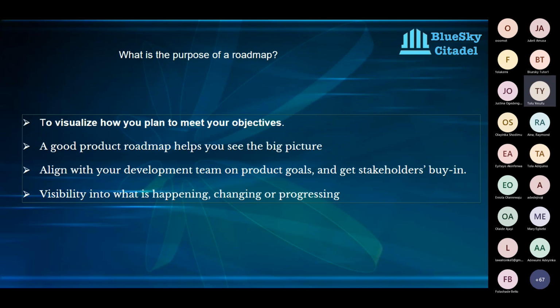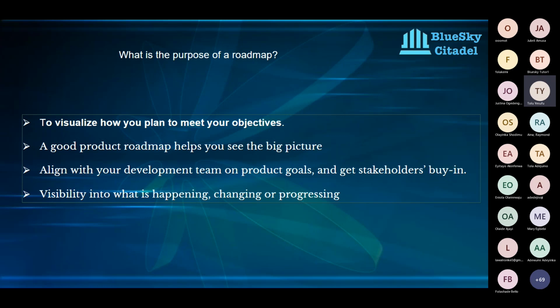So what is the purpose of a roadmap? The purpose of a roadmap is to visualize how you plan to meet your objectives. Remember that at the start of a project, you've already been given the mandate. You already understand what the vision of that project is. But then you need to look at it and plan. This is the objective, this is the aim, this is the vision for this project.